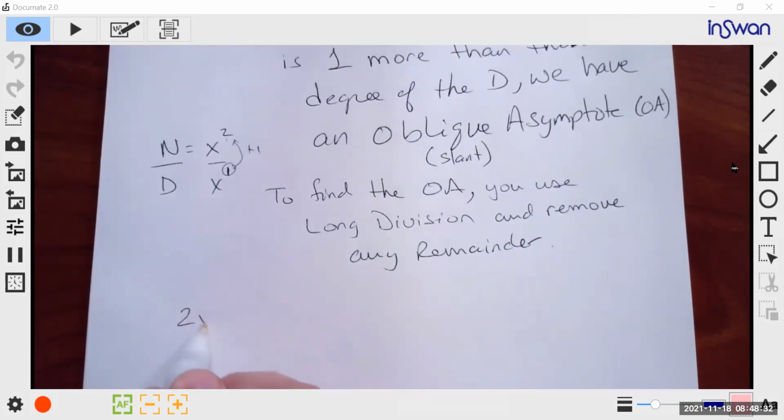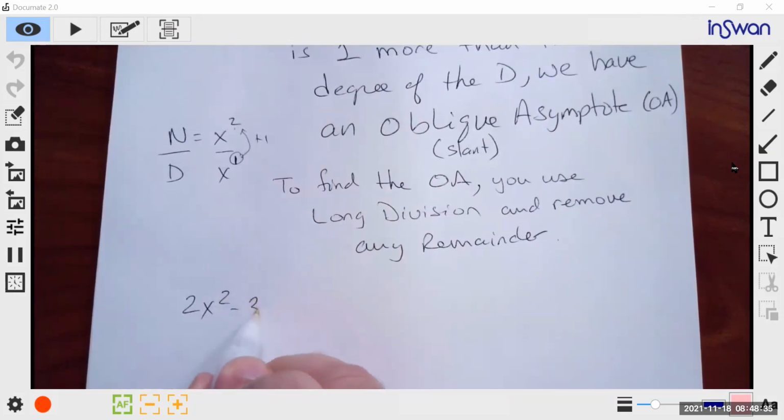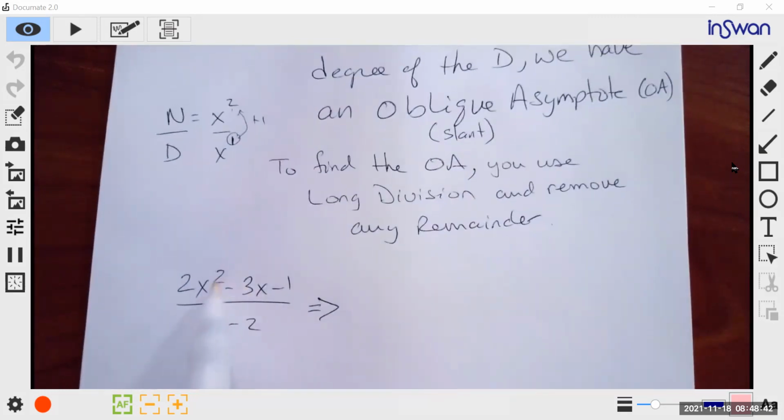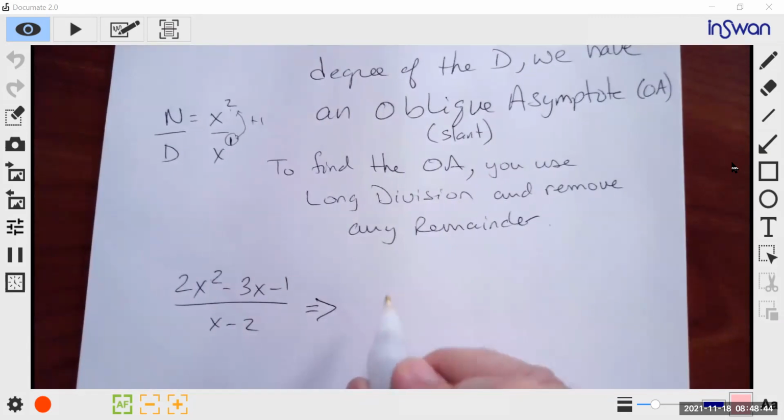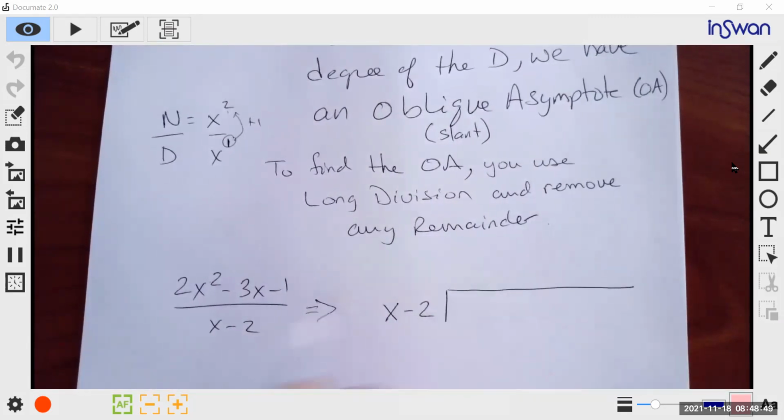So remember, since I have an oblique asymptote, I take the denominator, put it on the outside, and the numerator on the inside. Remember, if you're missing a variable, put a 0 in its place. You have to have all the columns taken care of.